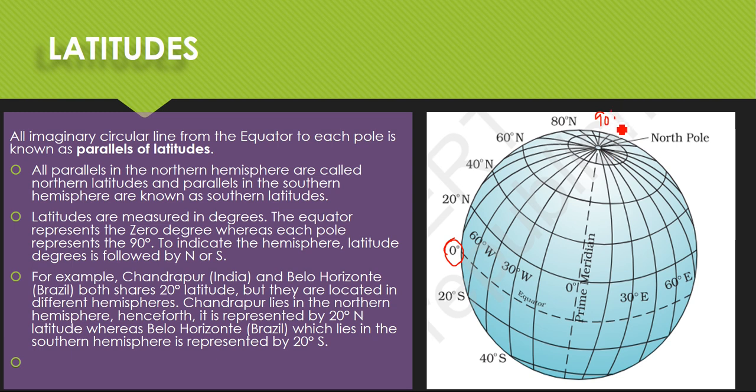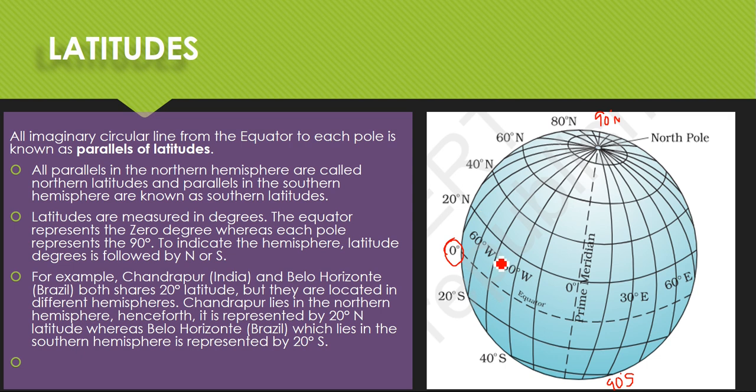This is 90 degree north and this is 90 degree south. To indicate the hemisphere, the latitude degree is followed by its sphere. It is either north or south.